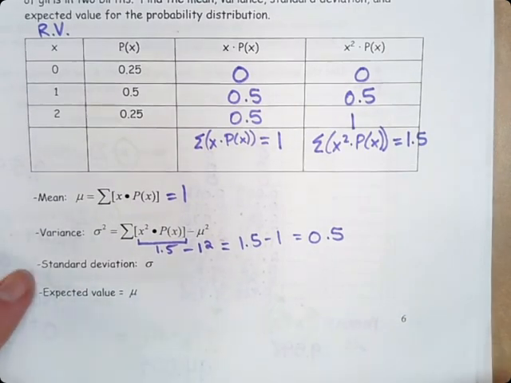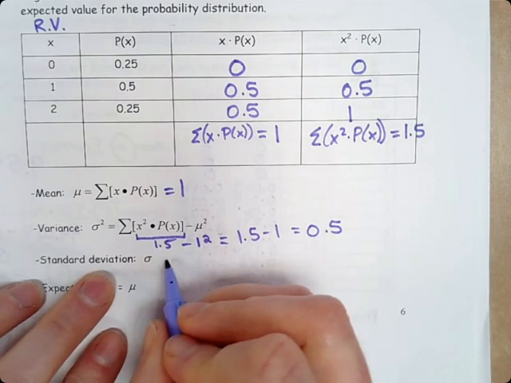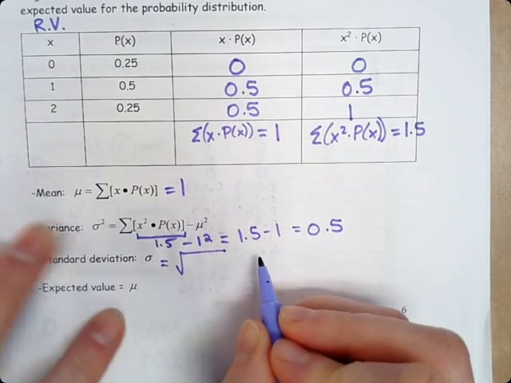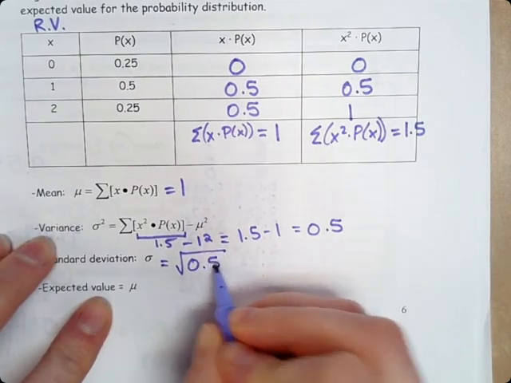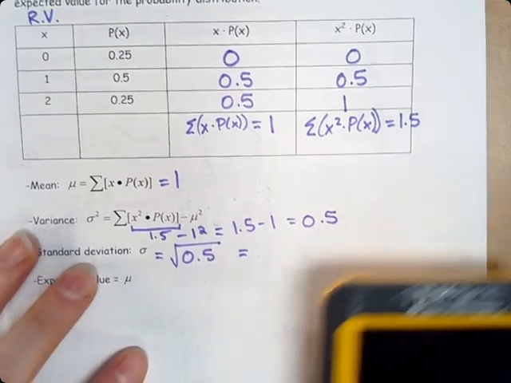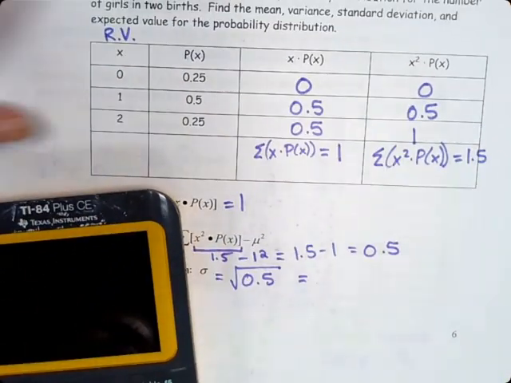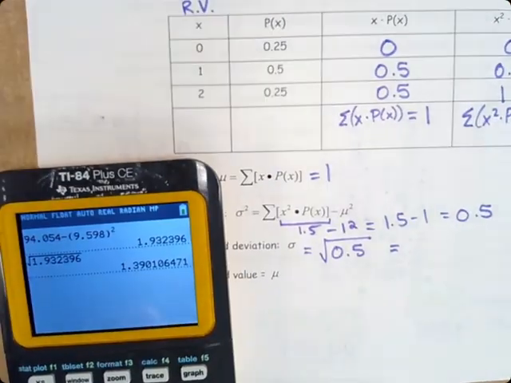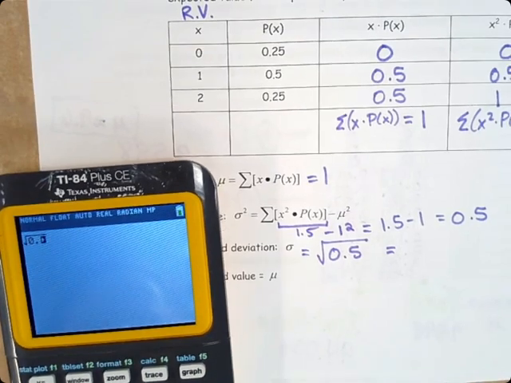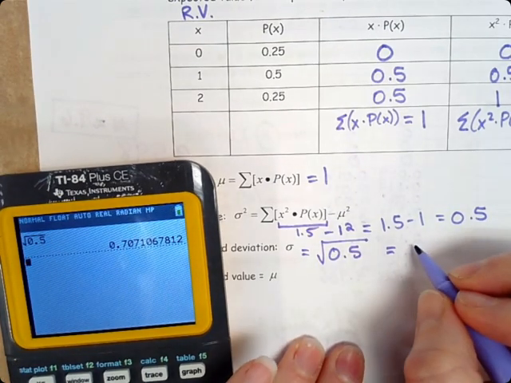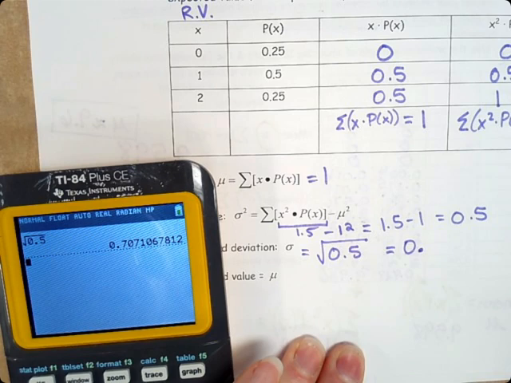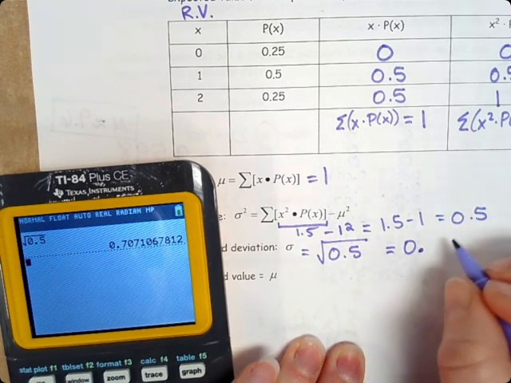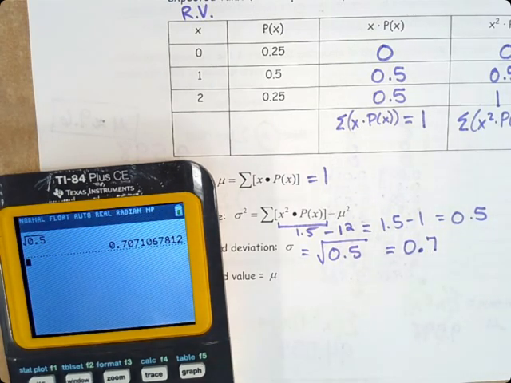And then standard deviation, you find that by taking the square root of your variance. And we are rounding it to 1 decimal place, so 0.7.